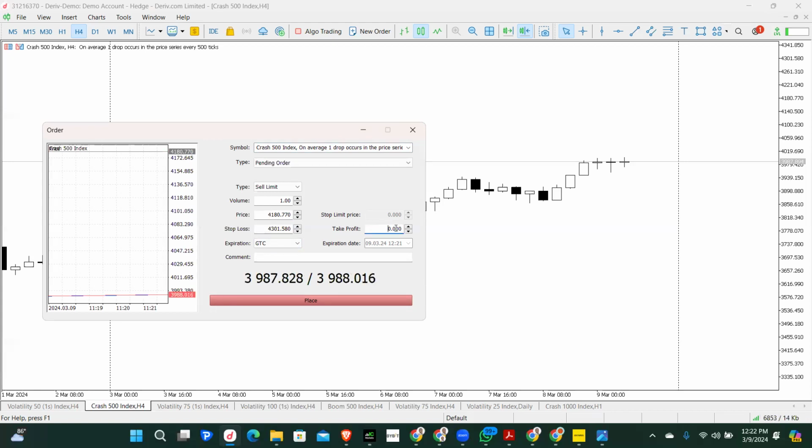So now I'm just using these arbitrary values to show you how this works. In real life, when you are trading, you get these levels from your analysis. From your analysis, you are going to know the level at which you are taking profits, and where you are going to put your stop loss and all of that.